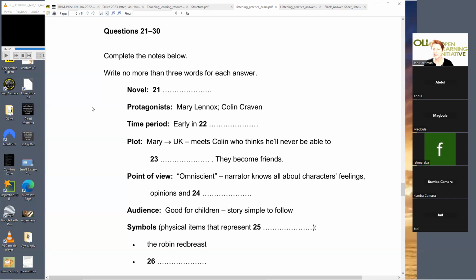Not just training your mind to do it, but also the more you practice all of the parts of this exam. The worst thing to do is to go into an exam and look at the question and go, oh, I don't even know what to do.